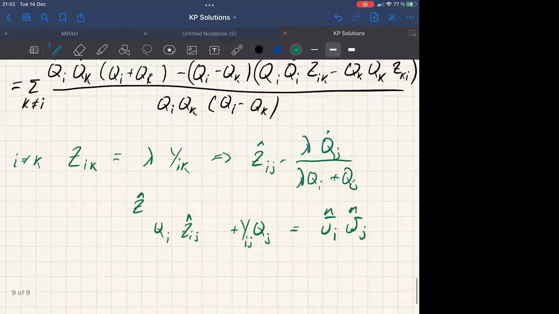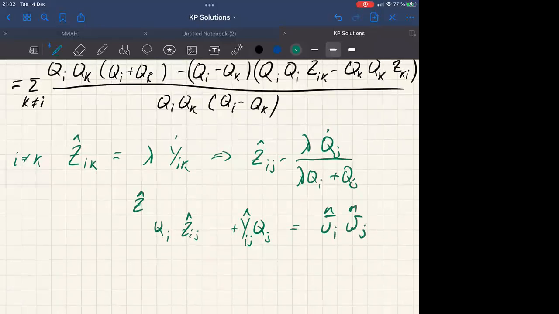And because we have this condition, this will give us this representation.